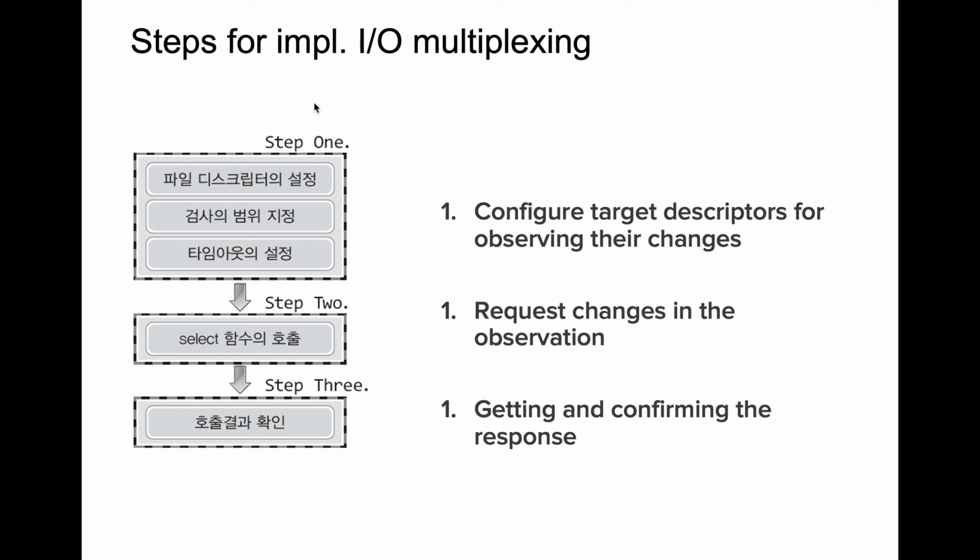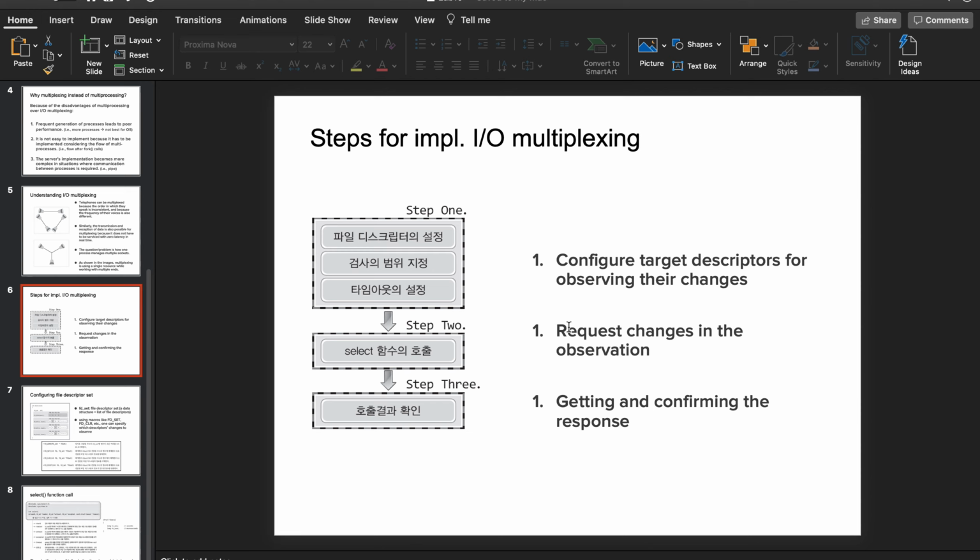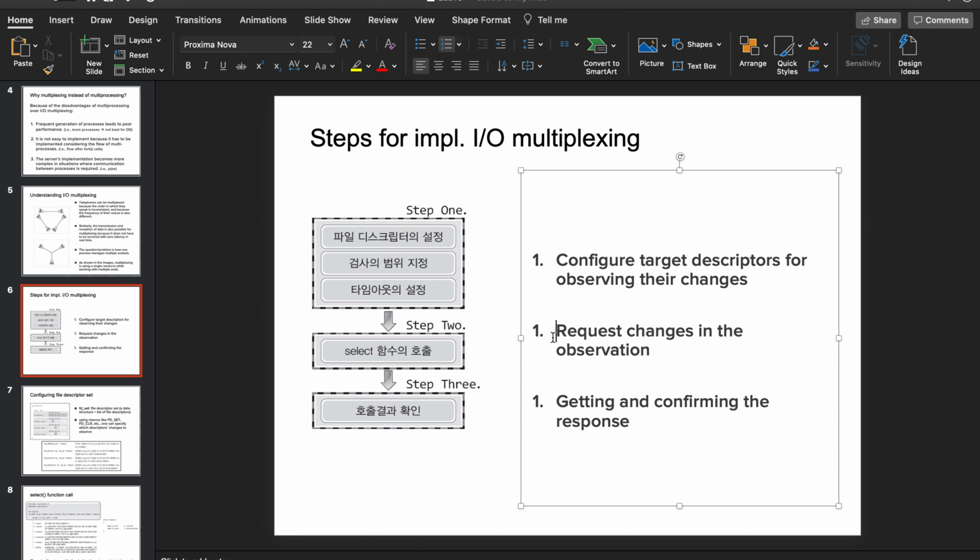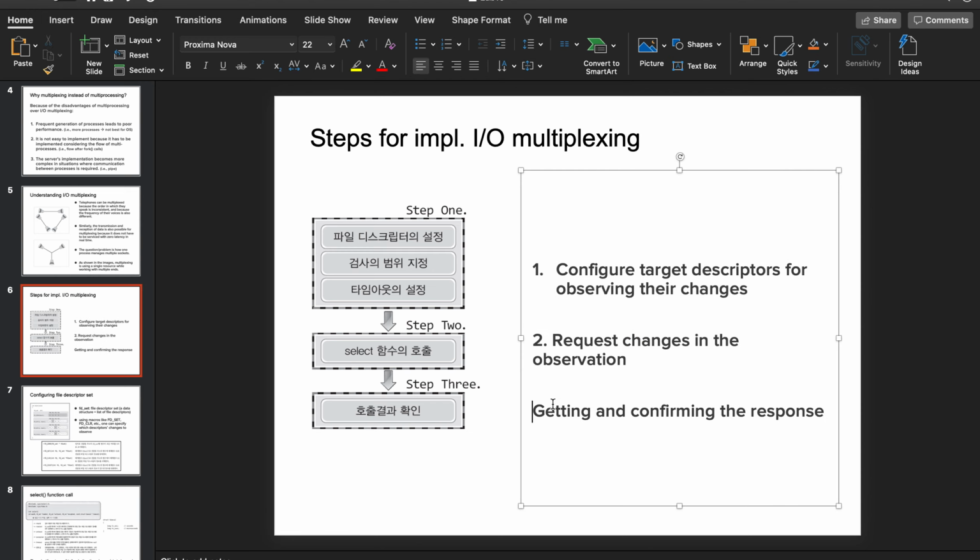And then after setting up, in step 2, we have to request those changes. We have to check if any of the file descriptors that we wanted to observe has some changes in them. Oh, I apologize, the numbering must be 1, 2, and 3. This one is 3.